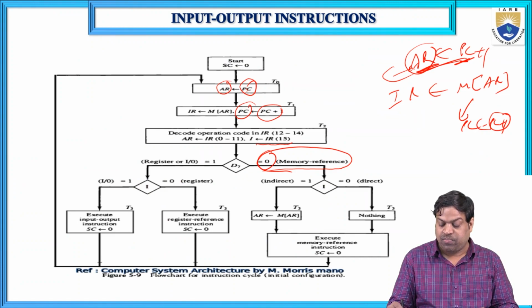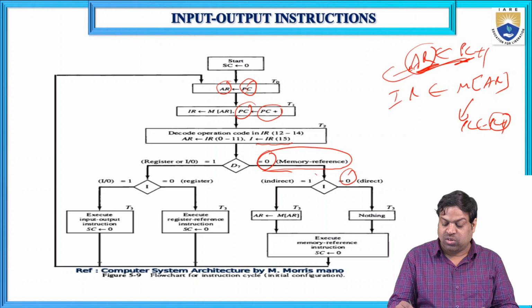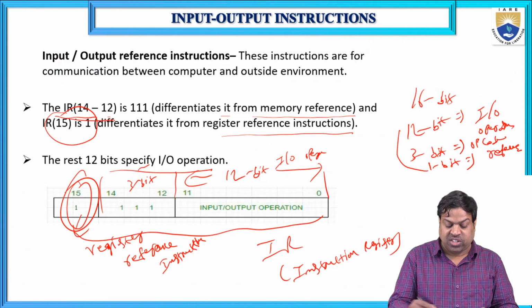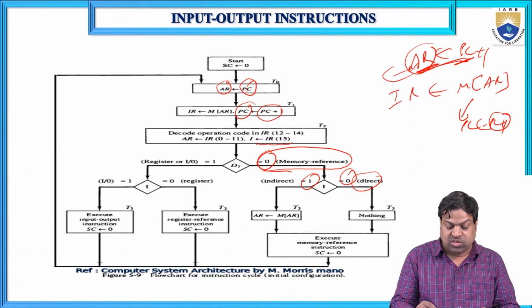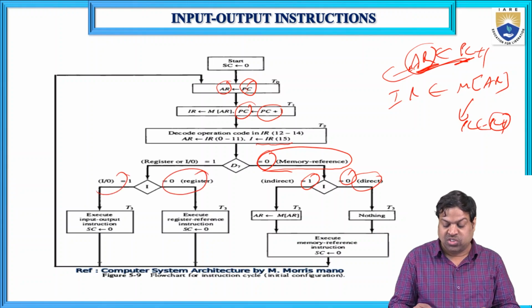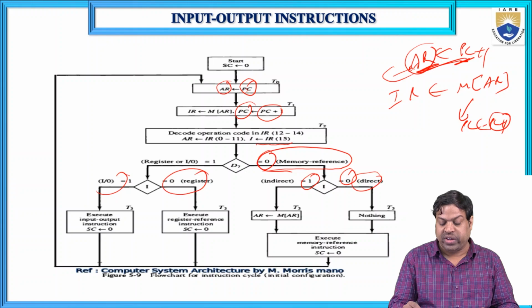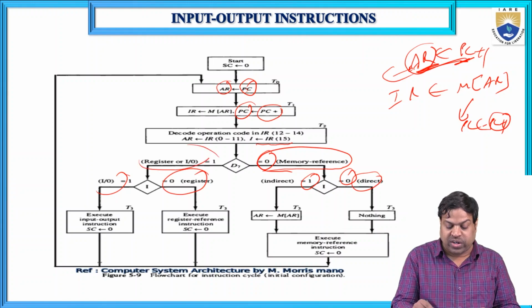Okay, that is 0 or 1. It is again direct or indirect. If this register equal to 1, so what will happen? Input output equal to 1 and it is 0. Here indirect direct mode when memory reference equal to 0. But here memory is equal to 1.